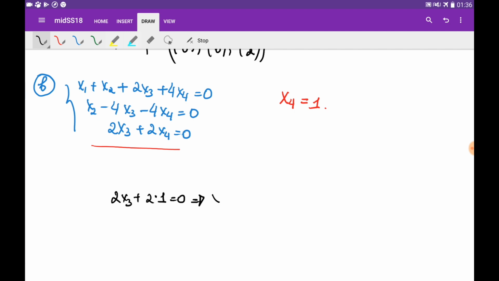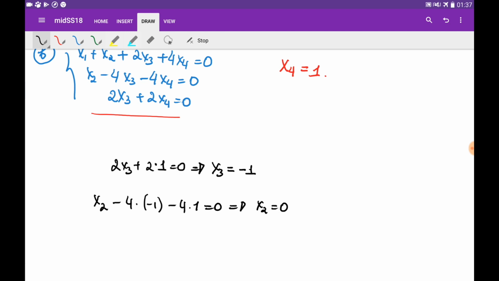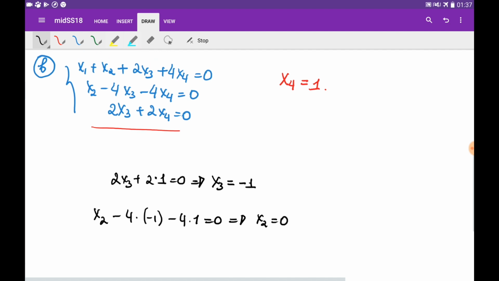From here, we obtain that x3 is equal to minus 1. So we need to substitute x4 and x3 into the second equation. It's going to be x2 minus 4 multiplied by minus 1, minus 4 multiplied by 1 is equal to 0. From here we obtain that x2 is equal to 0, and if we substitute x2, x3, and x4 into the first equation, we can find x1.